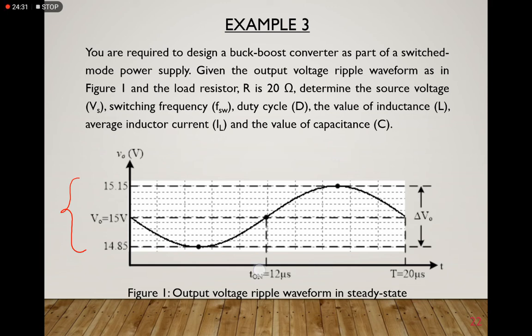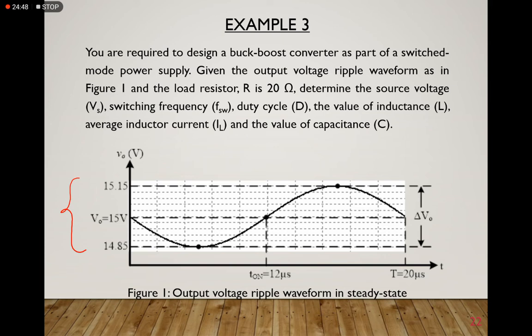In this example, the duty cycle is not given and the input voltage also is not given. It gives you only the output voltage, which we can find here. This is the average output voltage.